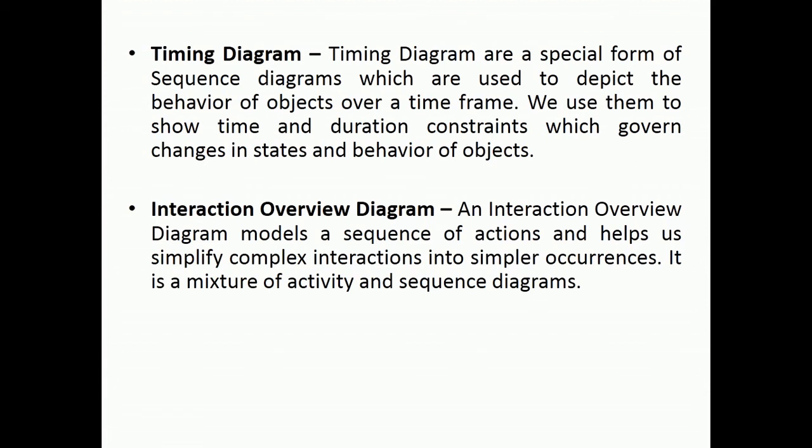Interaction overview diagrams. Next. An interaction overview diagram models a sequence of actions and helps us simplify complex interactions into simple occurrences. It is a mixture of activity and sequence diagrams.